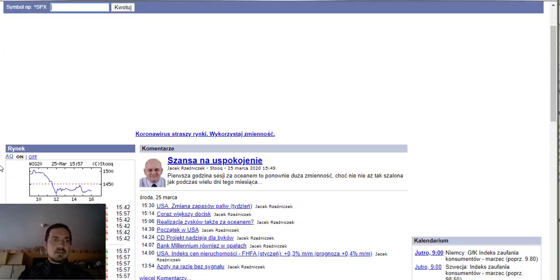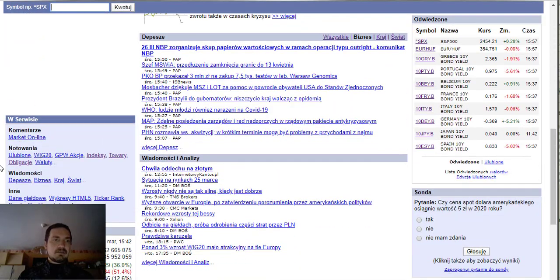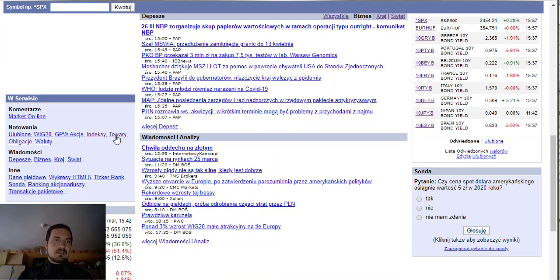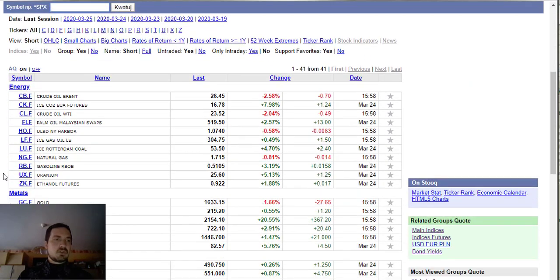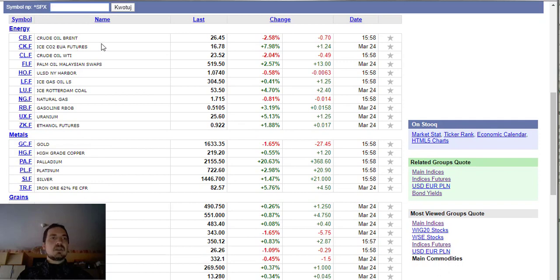So if you are using stooq.com, in Polish it's towary, so futures, and here we can see what kind of products are available. In the case of energy, we can see Brent, CO2, WTI oil, also palm oil, and so on.